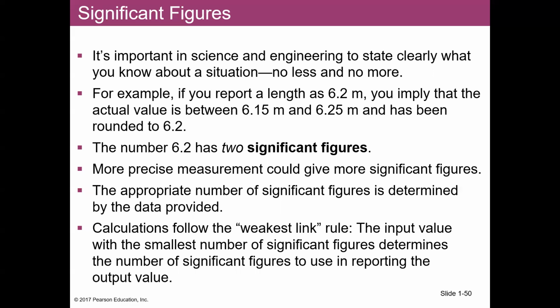If the zero digit is to the right of all the non-zero digits and to the left of the decimal, it is not counted as significant unless there's only one non-zero digit. If there's only one non-zero digit, then the zero immediately to the right of that is defined to be significant.